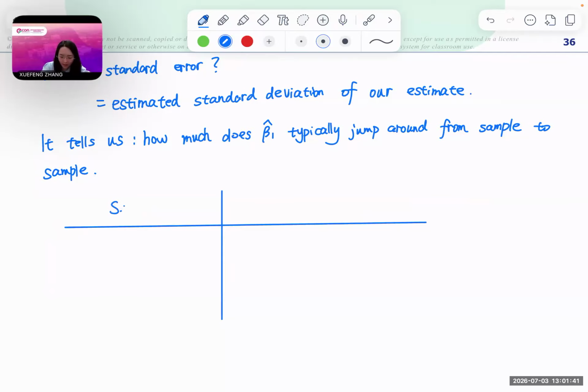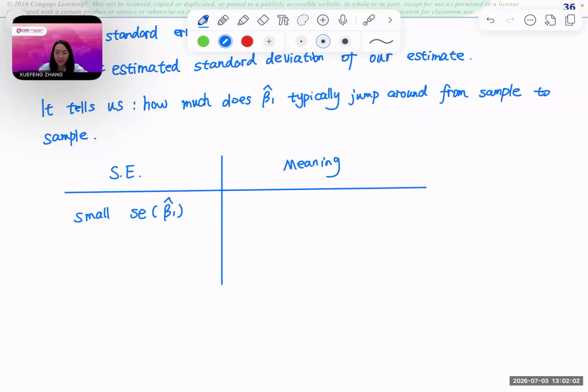SE, normally we use this one. This is standard error and the meaning. If it's small, here I'm going to use beta 1 hat, but beta 0 hat is actually the same, okay? If the SE of beta 1 hat is small, that means beta 1 hat is precise, which means stable across samples.